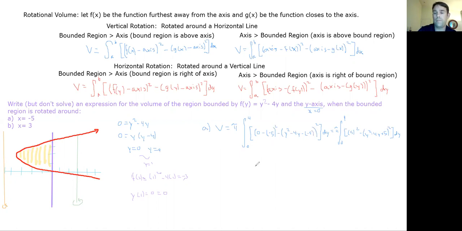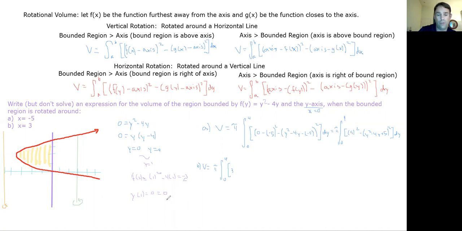All right. Now 3 is bigger, so that means 3 is going to come first on the next one. So the axis will come first because the axis is more right, the greater of my bounded region. So it's going to be 3 minus the value that's furthest away.